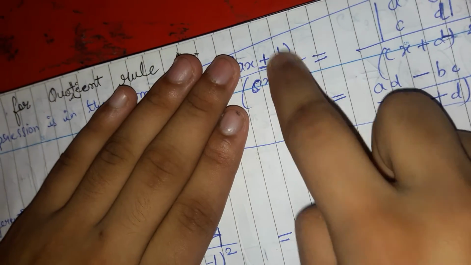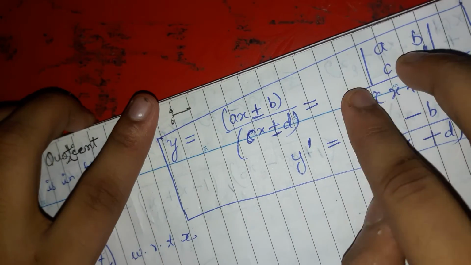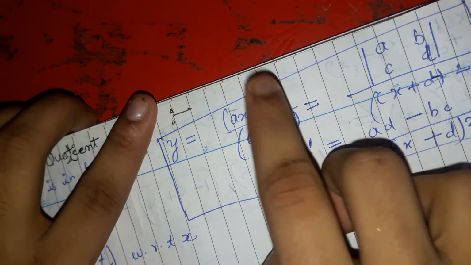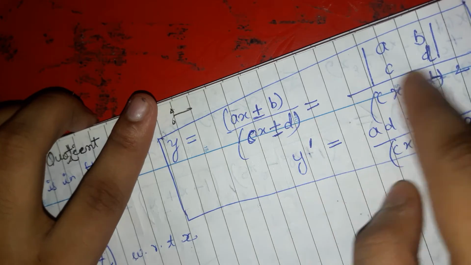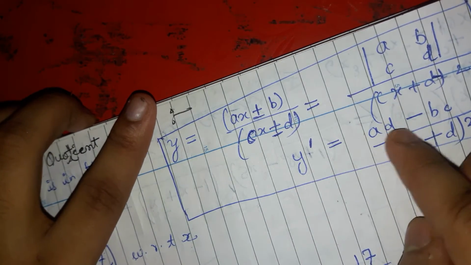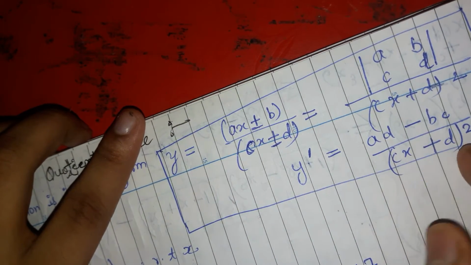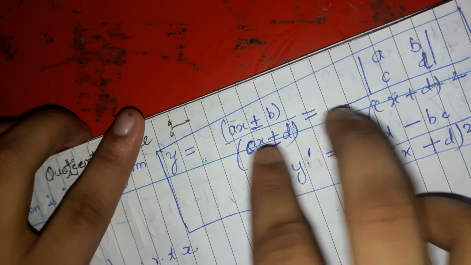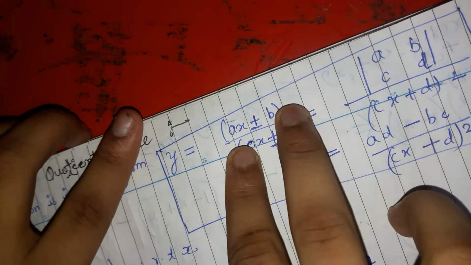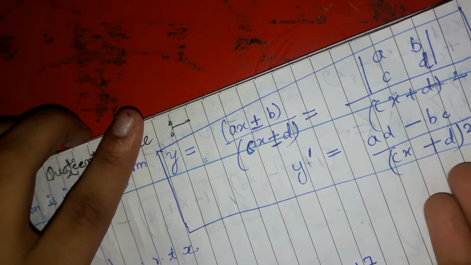So ax plus minus b upon cx plus minus d is equal to this a b c d. The constant terms we took with the determinant method. Y dash is equal to ad minus bc upon cx plus d. So first square this denominator term and solve this formula. You can see how simple this is.